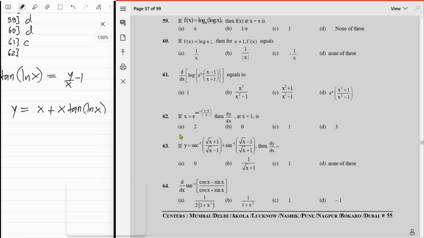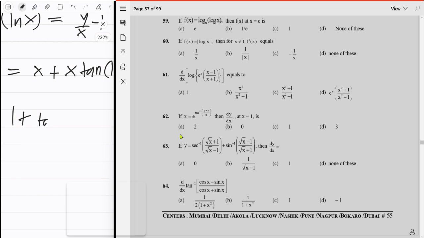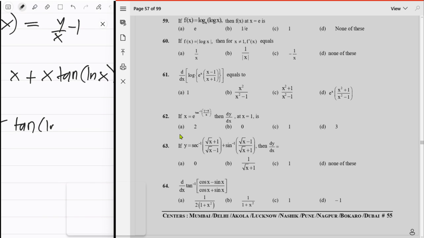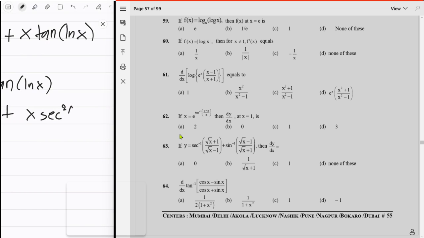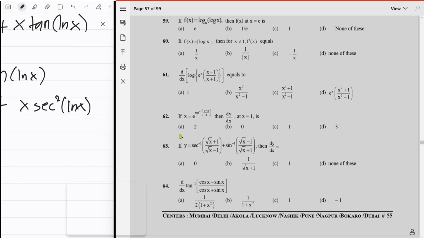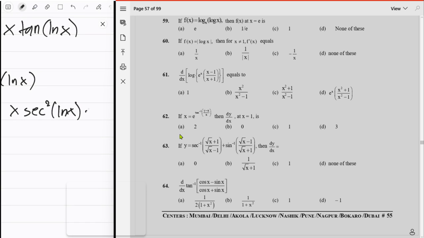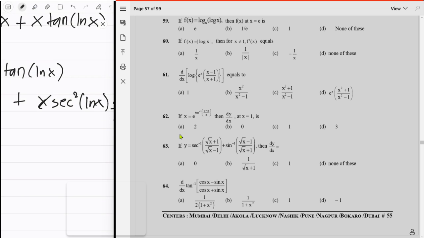Cool. Now finally just take the derivative of this guy. It should be 1 plus tan of natural log of x plus x upon, wait, the secant square is secant square of natural log of x, and then inside, so just 1 upon x. This cancels, it's just this thing, right?